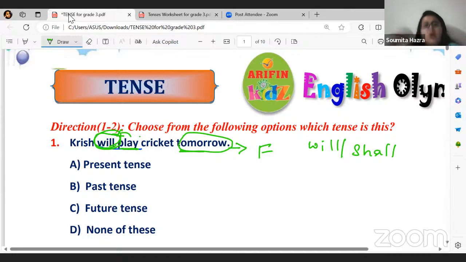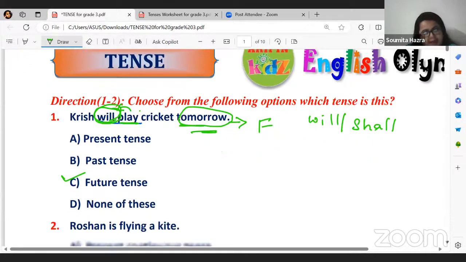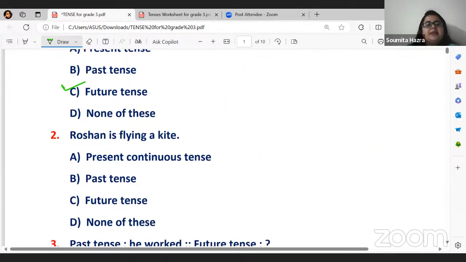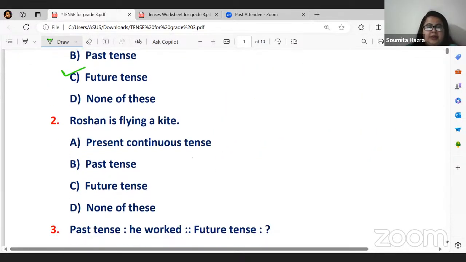Okay? It will happen tomorrow. So for the sentence, Krish will play cricket tomorrow, this sentence is written in future tense. Okay. One I have explained. I have only told the answer. Number two, you will be telling me the answer.